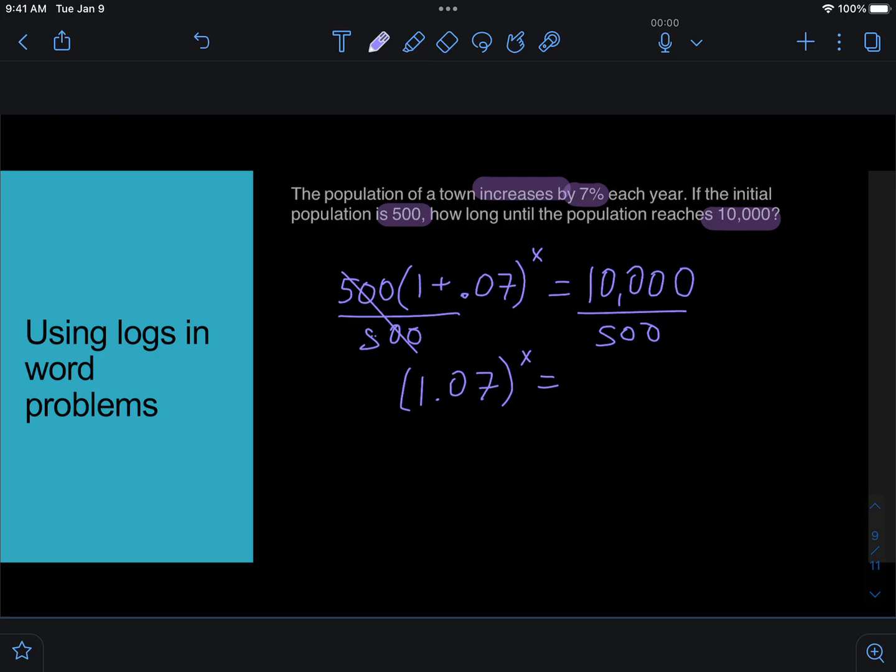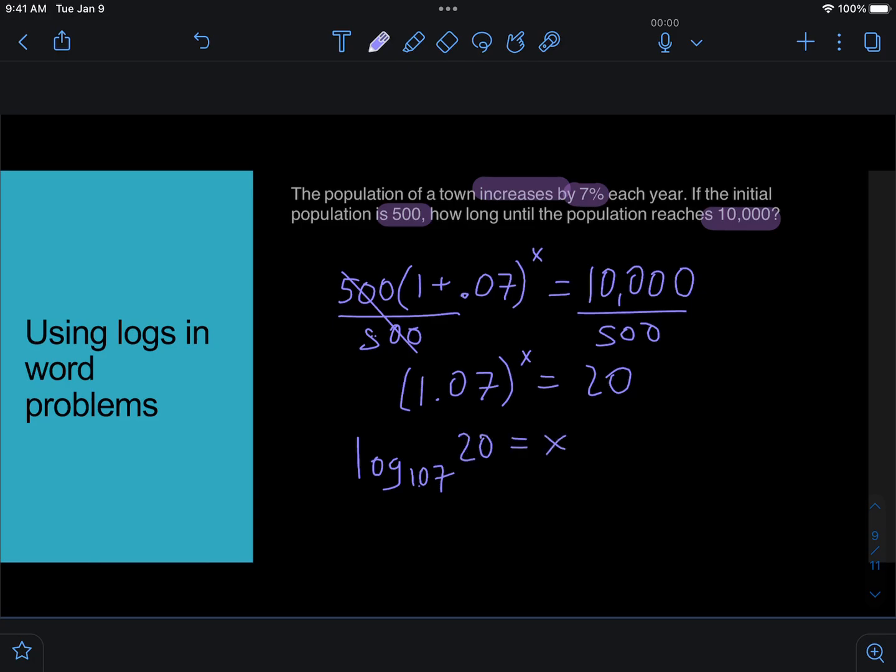All right, and then 10,000 divided by 500 is not 50. It is 20. All right, so now I need to solve this. Well, this goes back to the first examples when we converted forms. If I convert this to log form, it is log base 1.07 of 20 is equal to x.